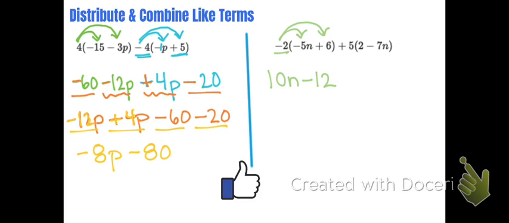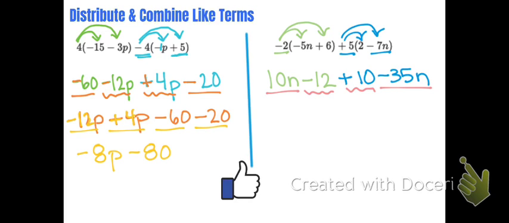Now let's look at the next one. Here we're distributing a positive 5. So positive 5 times 2 is positive 10. Positive 5 times negative 7n is negative 35n. So always distribute first and then identify and combine like terms. Like terms have the same variable and exponent if there's exponents, or they're just regular constants.